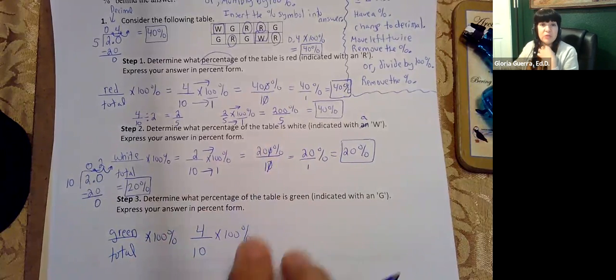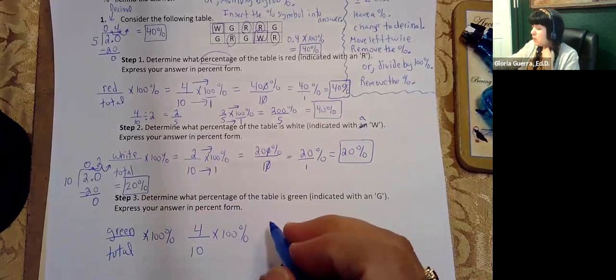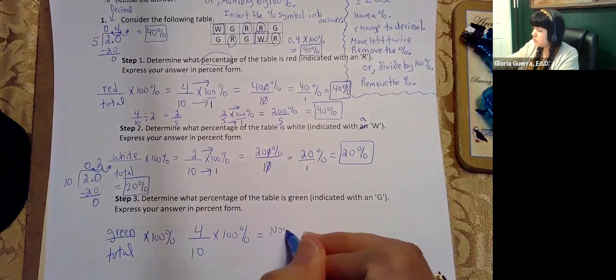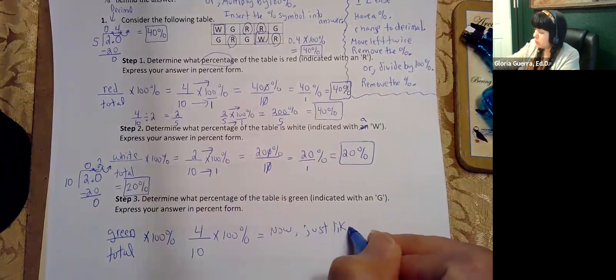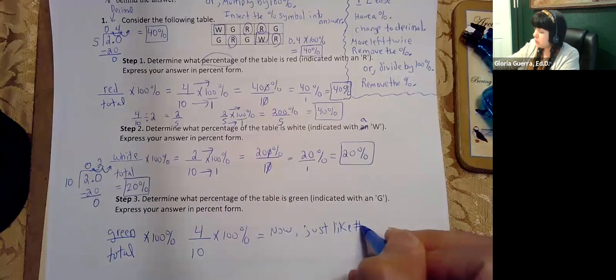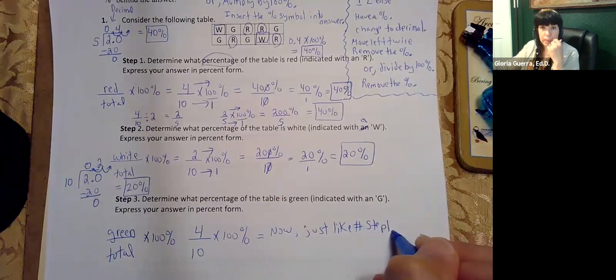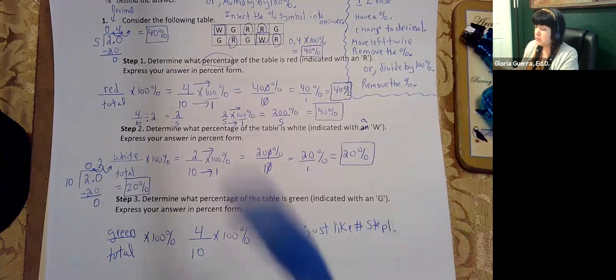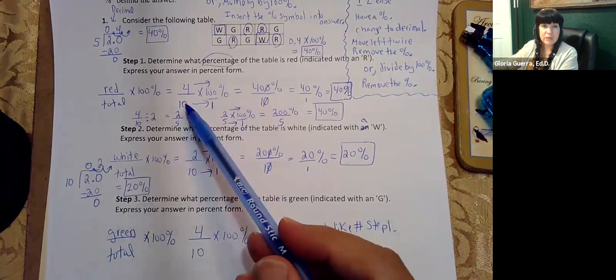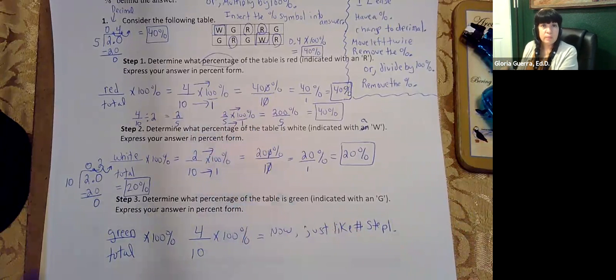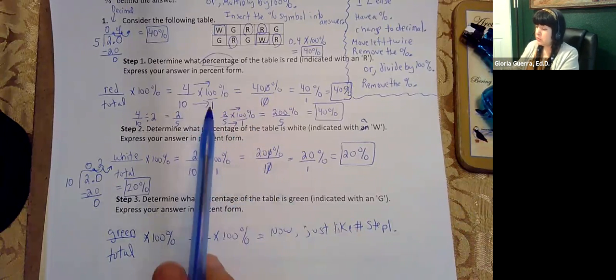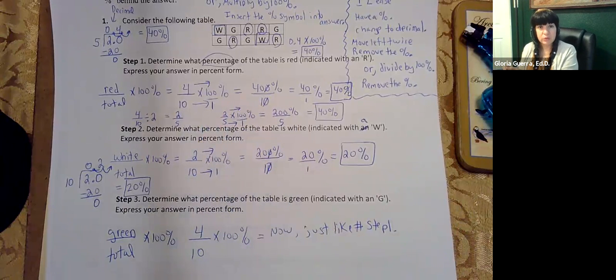So now this is just like step 1. You look at step 1, see how you start out with 4 over 10. You could do times 100 and work it any of these ways. So you're going to get 40%, same answer. It just so happens this is a repeat of that.